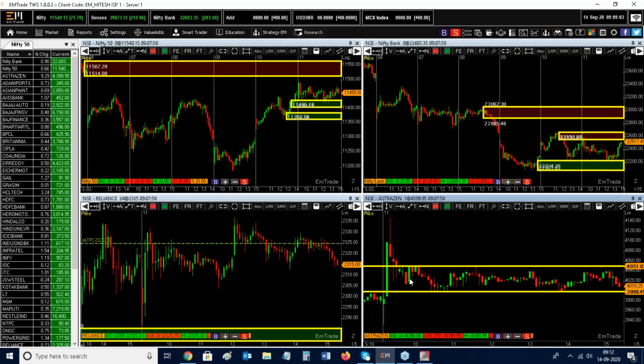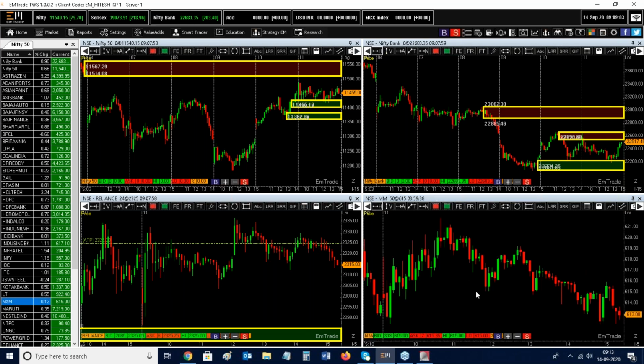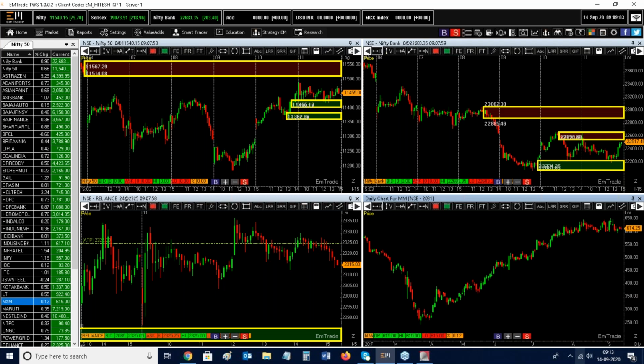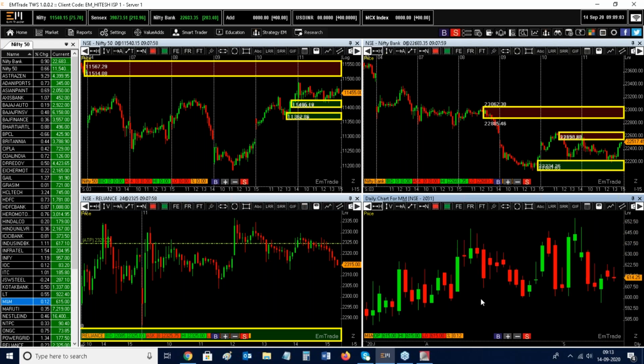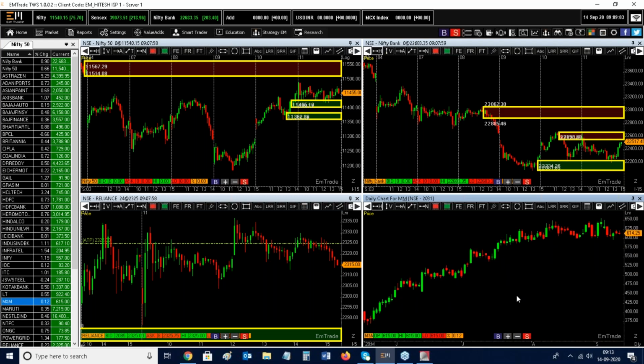So you can have a fixed screen as far as Nifty, Bank Nifty, Reliance is concerned. The fourth one can be a mix of stocks which you think make sense for you to trade on that particular day, based on what has happened, based on how the stock has shaped up. Earlier I traded M&M, but with not that big a luck, so I got stopped out around this base.